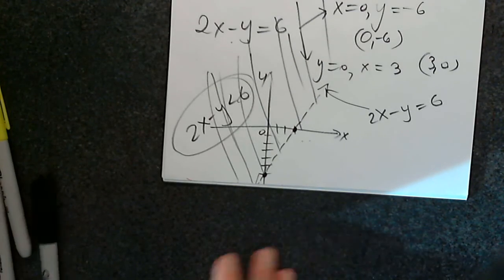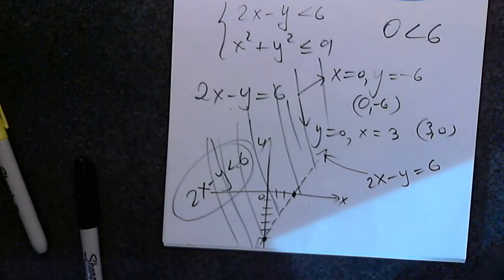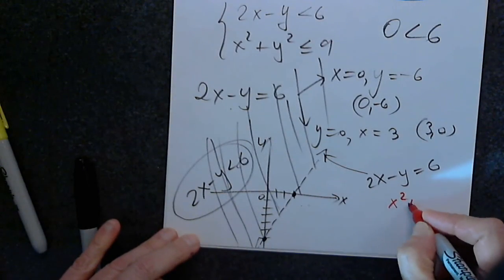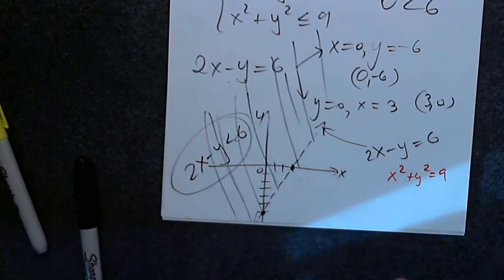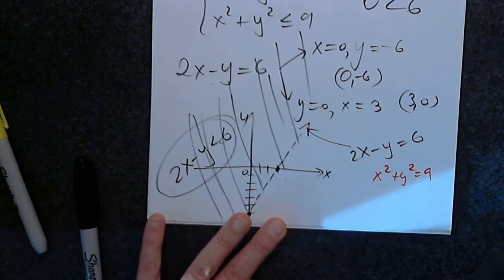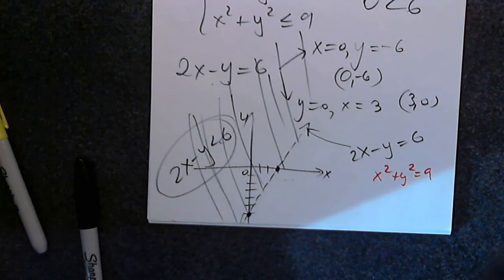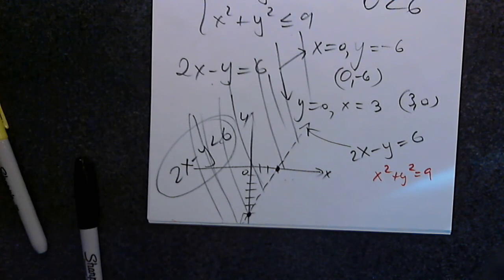I repeat the process for the other one. But what do I know about x squared plus y squared equals 9? What do we know about this equation? This equation is the equation of a circle.